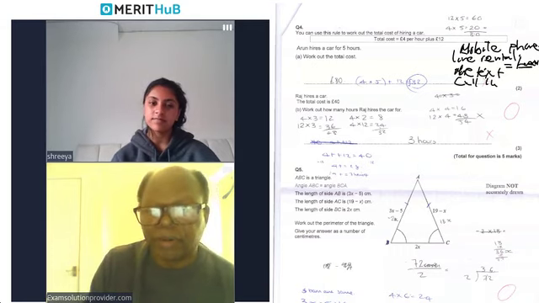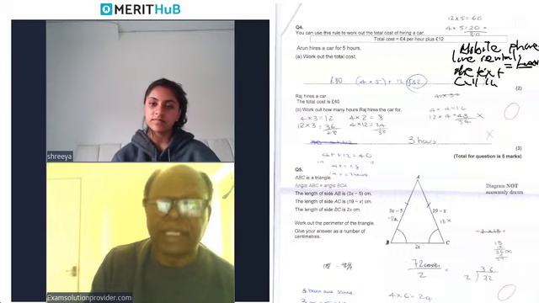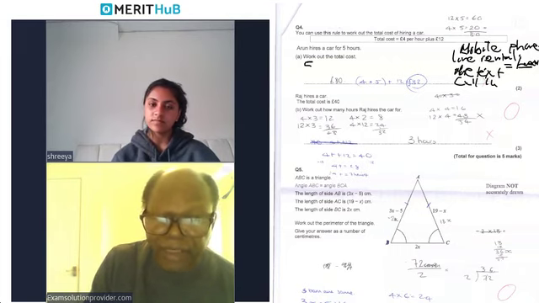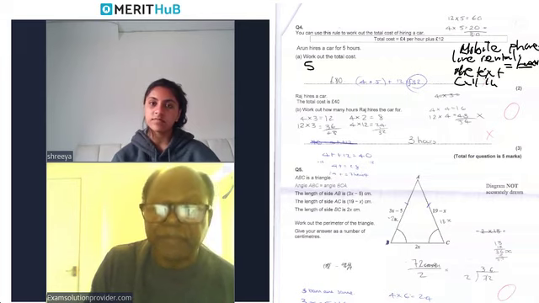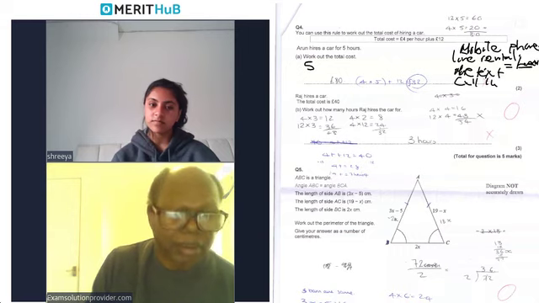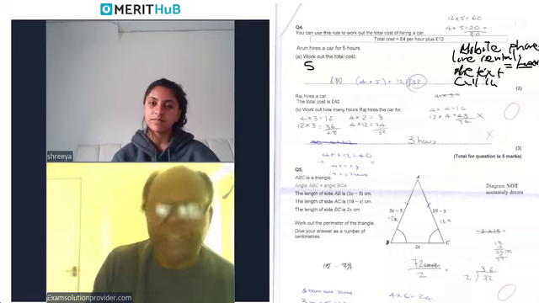So work out the total cost. He hires a car for 5 hours. But even before he picks the car, he's supposed to pay 12 pounds. That's the fixed cost.